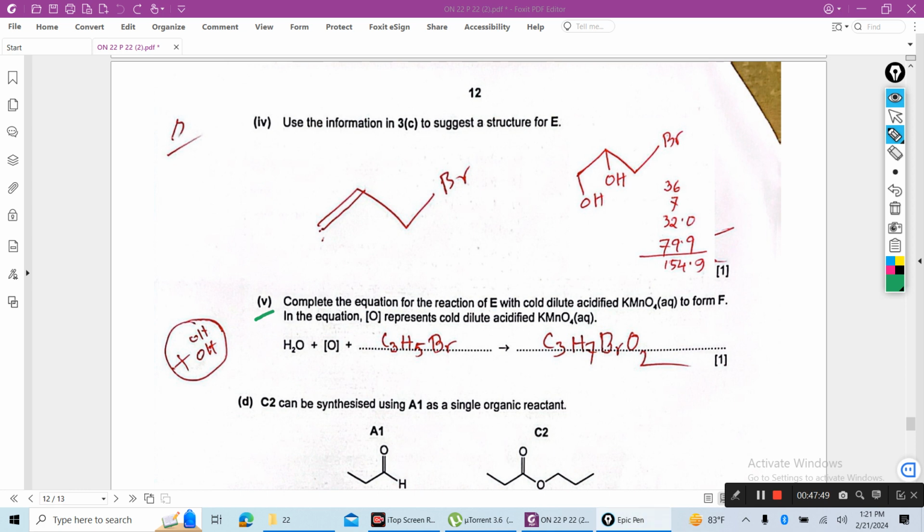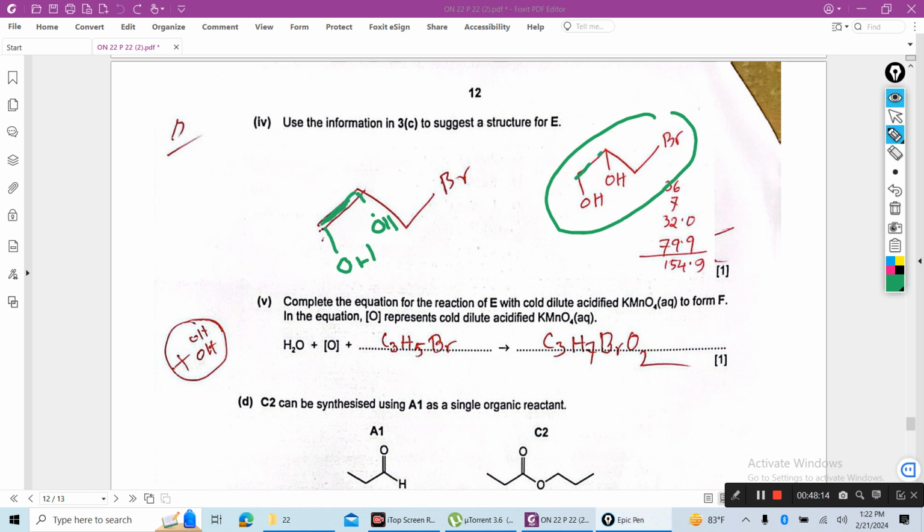Now 5. Complete the equation for the reaction of E. E, bromopropene, reacts with cold KMnO4, potassium permanganate, to form F. F means this compound. One OH group will be added here, another hydroxyl group will be added, and the double bond becomes a single bond.